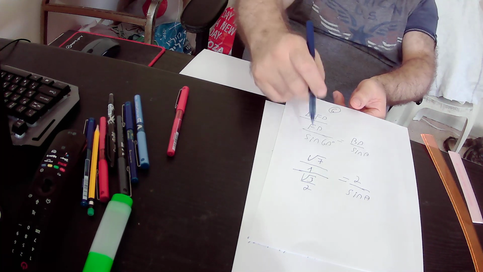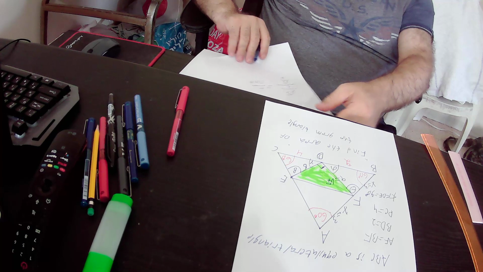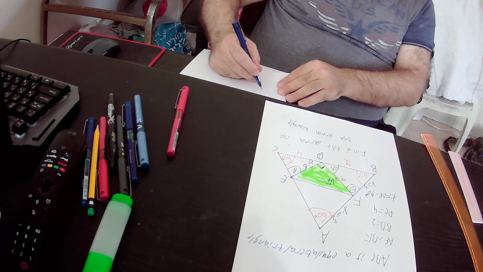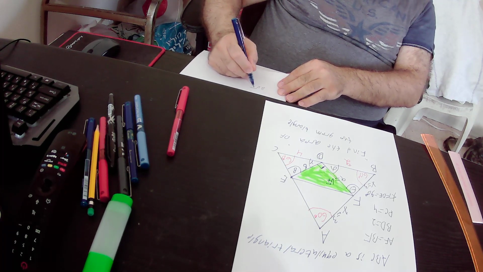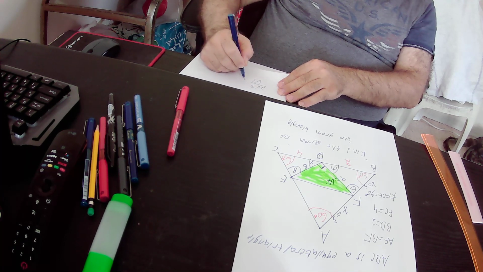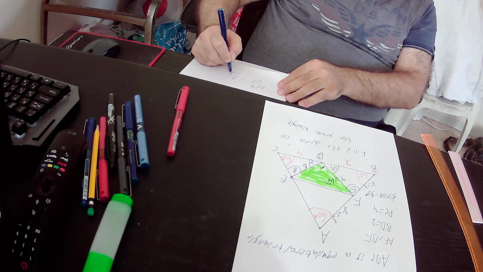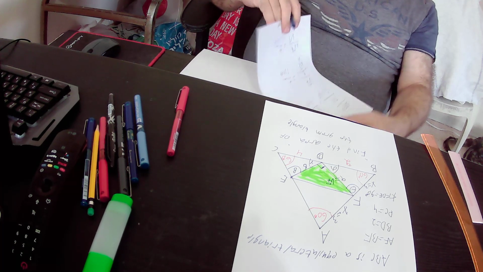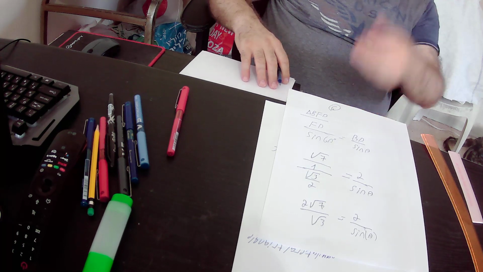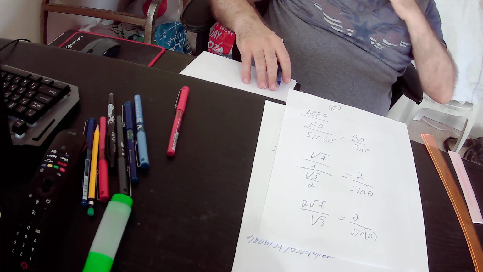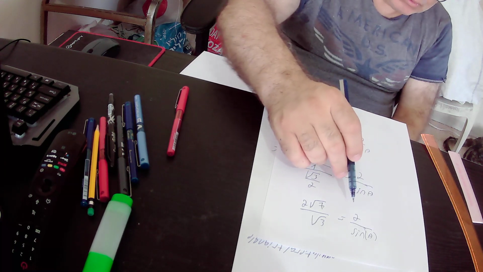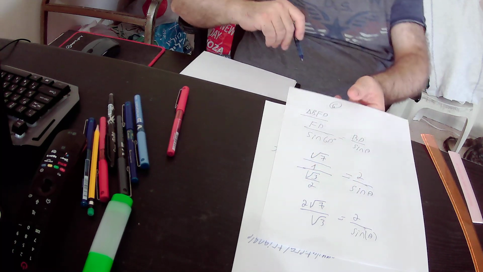Okay, we will do the simple arithmetic here, and we will get that 2 times root of 7 over root of 3 equals 2 times sinus theta.